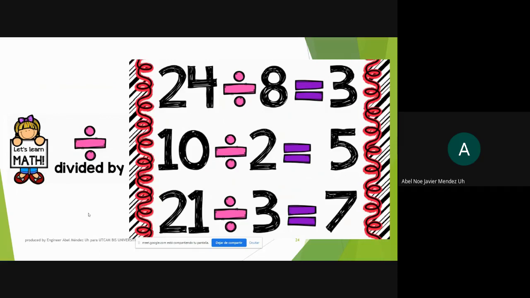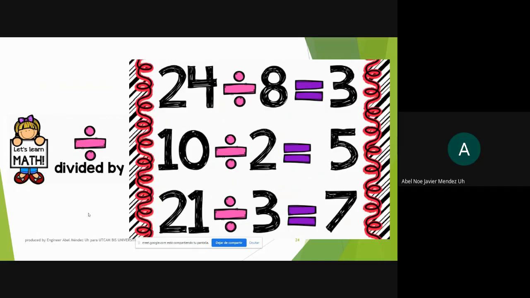You can practice in your home. 24 divided by 8 equals 3. Don't forget, divided by is the symbol, and the operation is the division. Repeat after me: 24 divided by 8 equals 3.